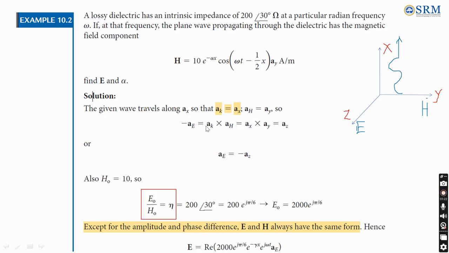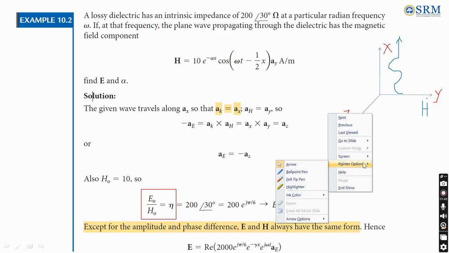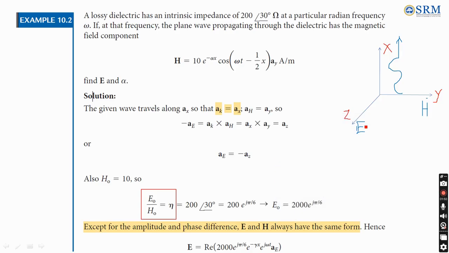We already know one expression: aK cross aH is equal to minus aE. So aK is aX, aH is aY, and if I cross multiply, I will get aZ. Since it is negative here, the direction of the electric field is along the negative Z direction. We can mark that here.